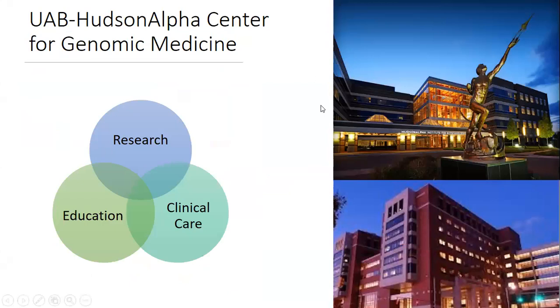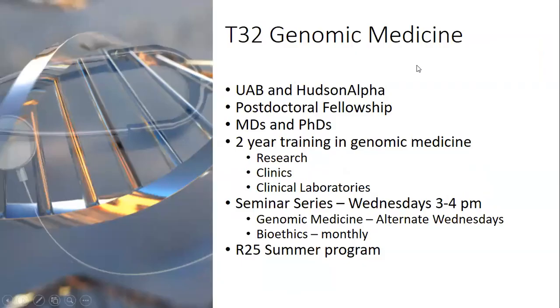Lastly, let me say we have a Center for Genomic Medicine collaborative with Hudson Alpha in Huntsville, 100 or so miles north of here, really a world-class genomics facility. Together we have a T32 in genomic medicine. It's a postdoctoral training program, a 2-year training program that involves research, participation in clinics and clinical lab events, and a seminar series.